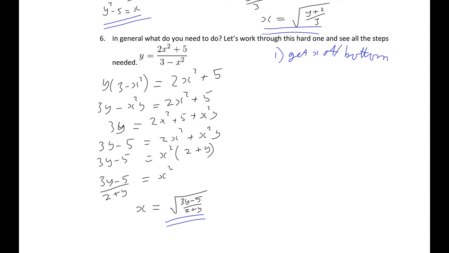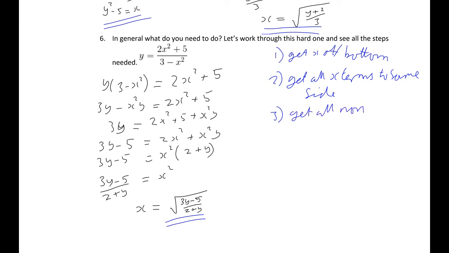Then our second big step is to get all x terms to the same side. Get all your non-x terms to the other side. And then solve for x.